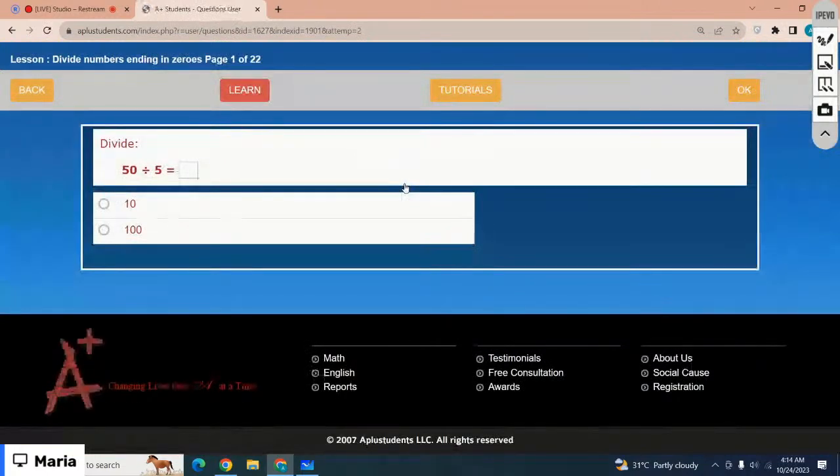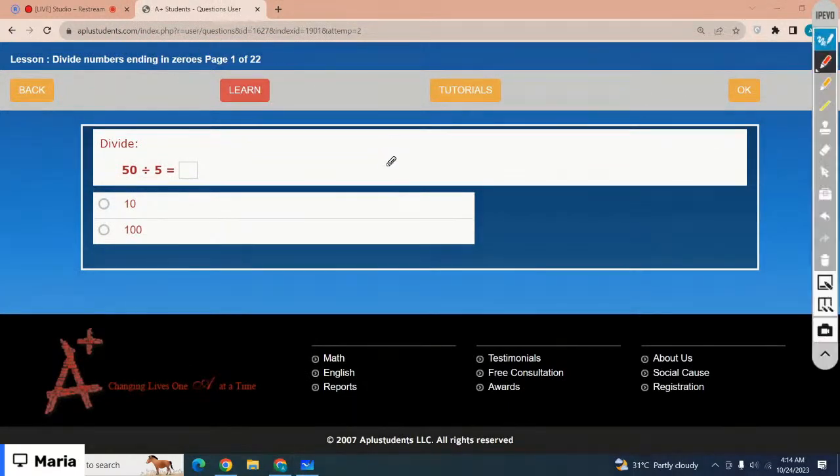Okay, so you have 50 divided by 5. Let's just divide without 0, right? You have just 5 divided by 5. So which is the correct option? 5 times what number is 5?